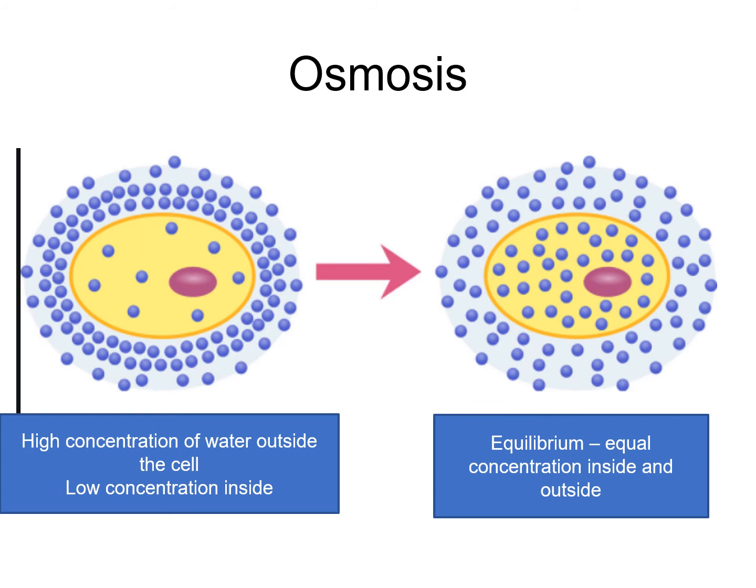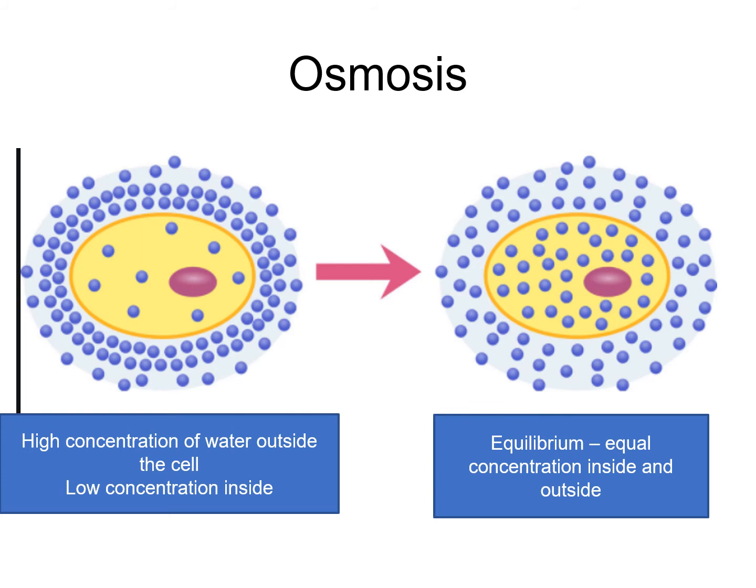So looking at the diagrams now, if we interpret the diagrams as the blue particles being water, then we can see that in the cell on the left, we've got a very high concentration of water outside of the cell and a very low concentration of water inside the cell.